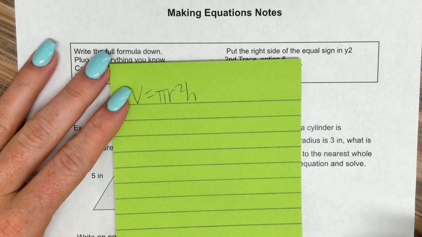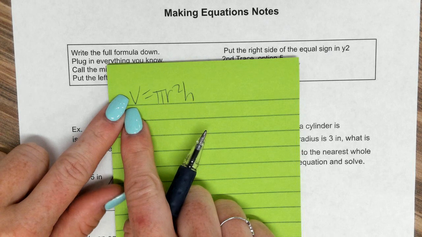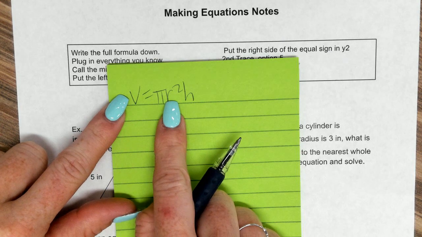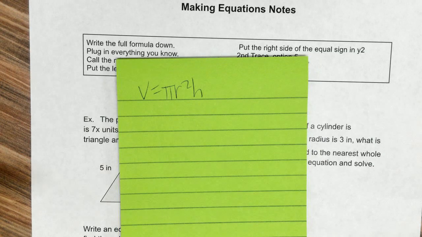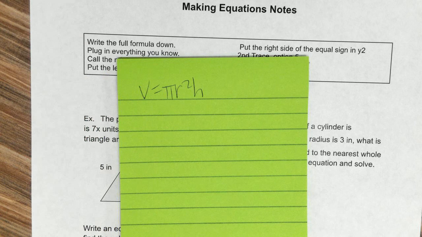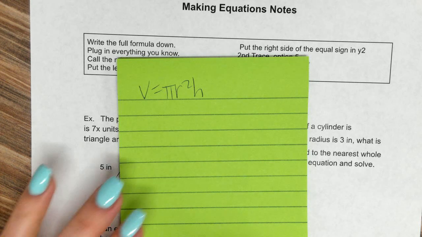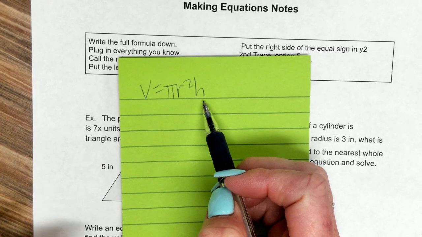So far this year, all I have taught you to do is solve for the volume, and they will provide you with the radius and the height. Do y'all agree? And then we plug it in our calculator, and it gives us a number, and that is the volume. But what I'm going to teach you today is that sometimes they're going to give you the volume, and they're going to give you like the radius and ask for the height.